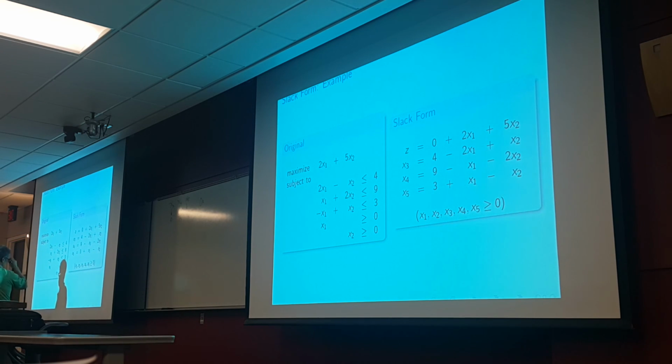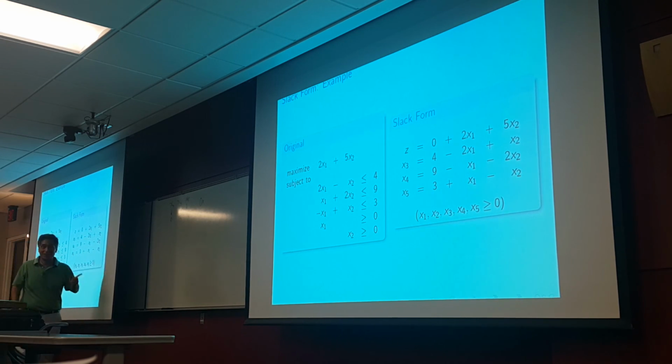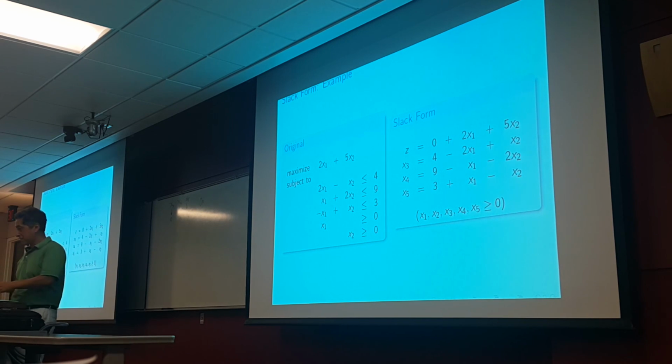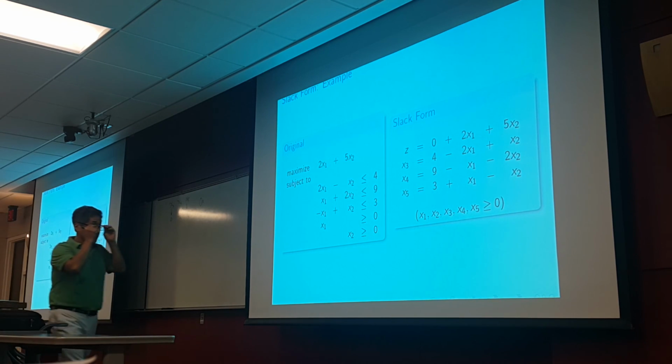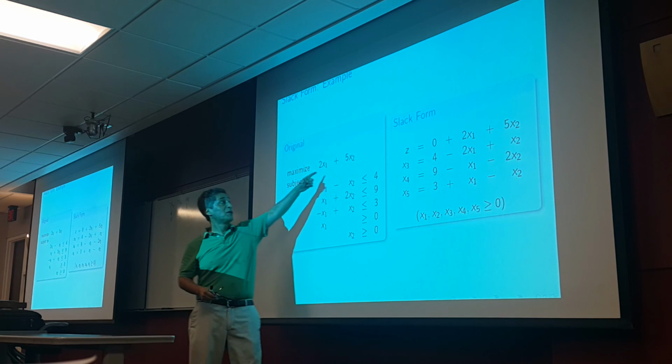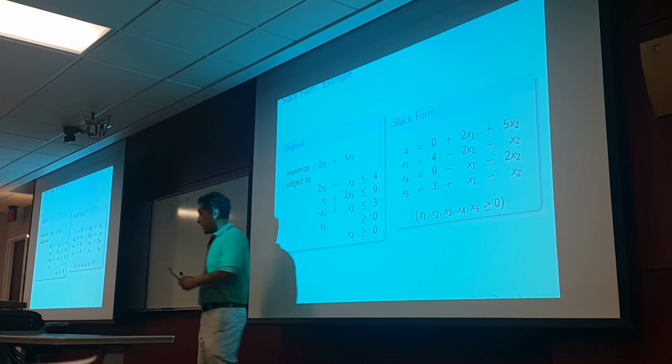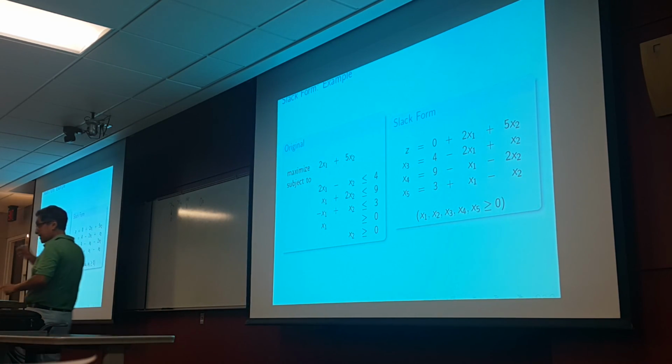I'll let you test this, but if you take 0 times this whole constraint, plus 7/3 times this, plus 1/3 times this, you take these constraints and add them up, what you get is that 2x1 plus 5x2 is less than or equal to 22.